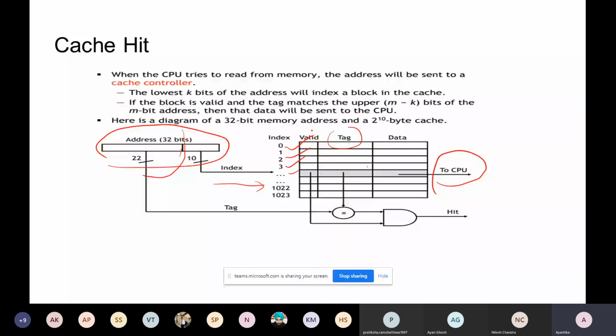Valid bit means some cache lines updated with some valid data. So if both are true, then there is a hit, and after that, based on the index and the offset value, you are fetching the actual data that you are sending to the CPU.